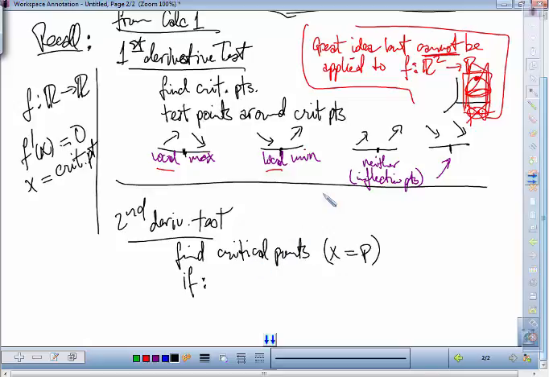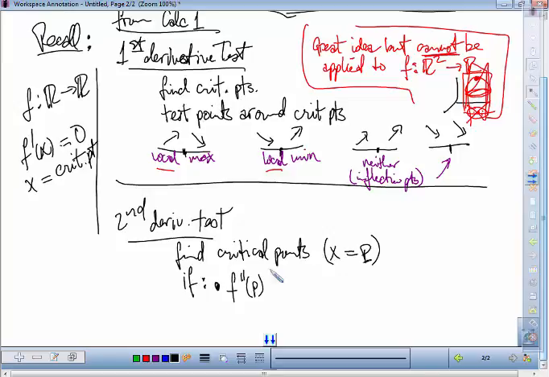You don't care about what's around it, although it helps to check. You're actually checking the exact point. You're putting your critical point, P, directly into the second derivative. Imagine this is a critical point, which means the slope is equal to 0.